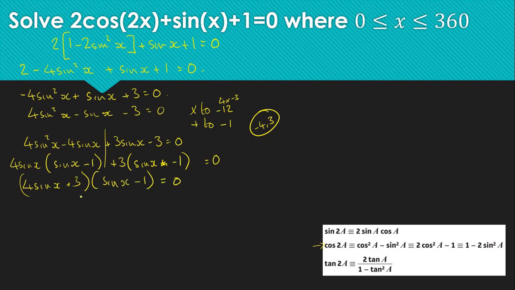Now, two values multiplied together can only ever equal 0 if they're both 0, or if at least one of them is 0, in order for us to be able to solve it.